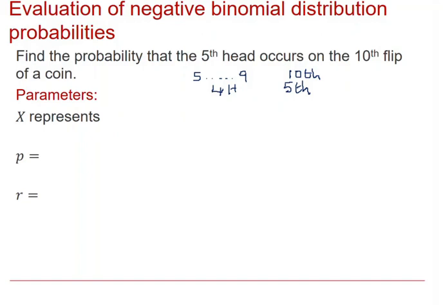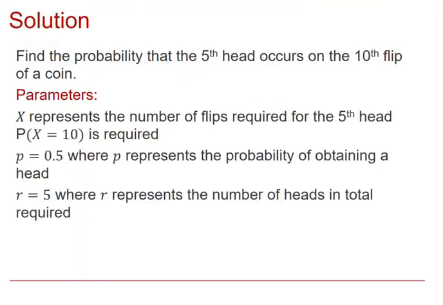The parameter p would represent the probability of a success, the probability of obtaining a head, which is a half, and r, the number of heads, the number of successes in total that we require, is 5. And this slide just identifies both the random variable in more detail and p and r, the two parameters involved.